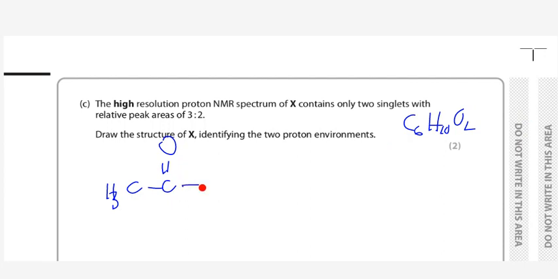There should be a CH2 group because it's 2:3. I have drawn 3 carbons, 5 hydrogens and 1 oxygen. What is remaining now? The other 3 carbons, 5 hydrogens and oxygen are remaining.